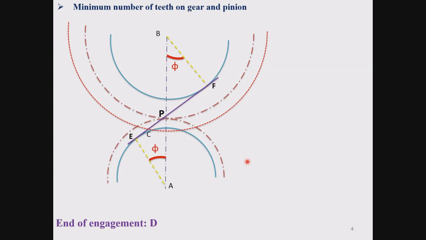So let us draw the addendum circle of driving gear and mark the point D as the point of intersection of addendum circle of driving gear with the pressure line EF. So this is my point D.